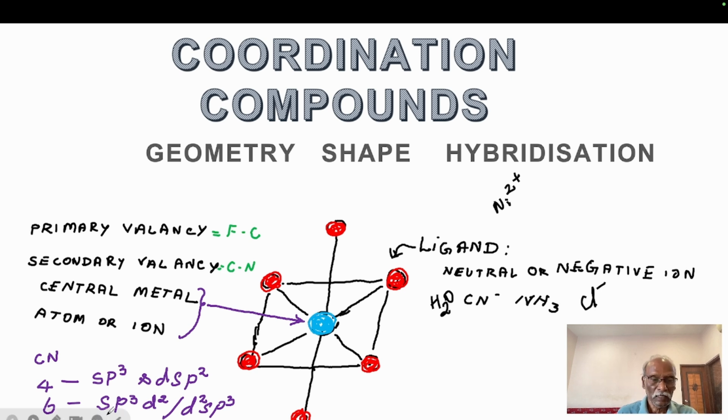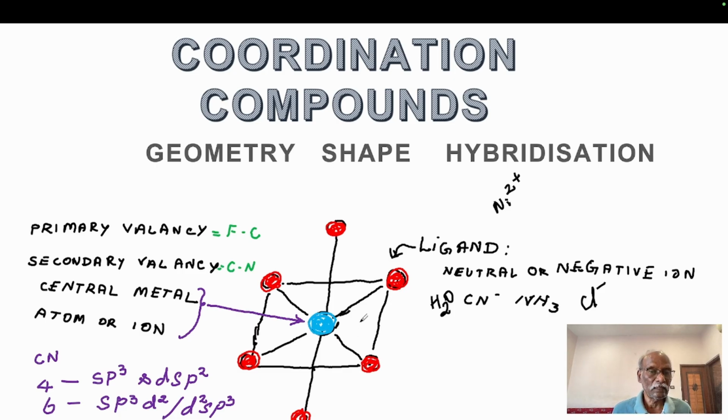This is due to sp3d2 or d2sp3 type of hybridization. This hybridization gives rise to the structure or shape called octahedral.